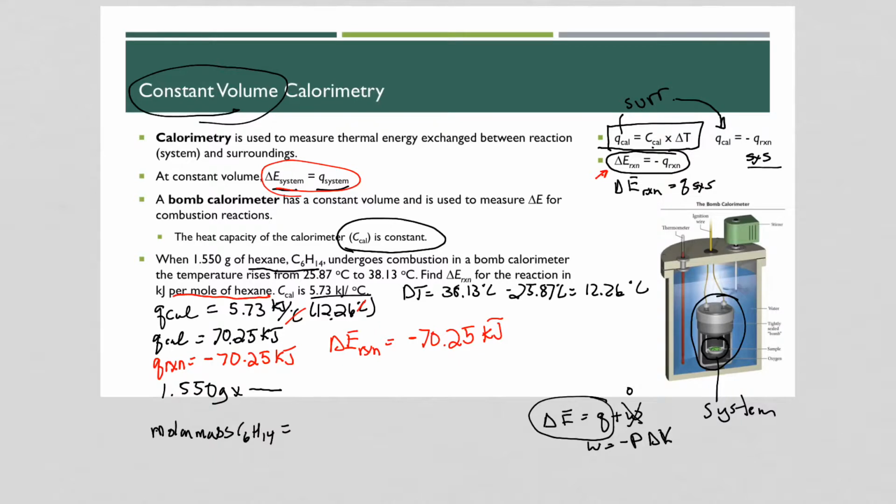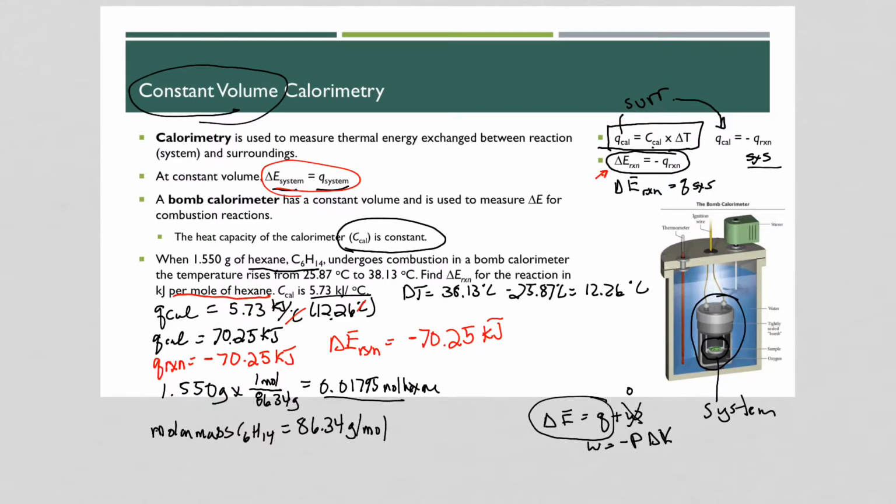If we add all that together, we get 86.18 grams per mole of hexane. So if I take the 1.55, I get 0.01795 mole of hexane.